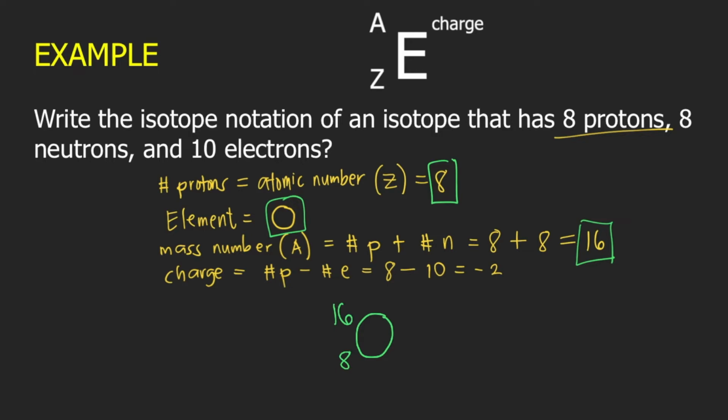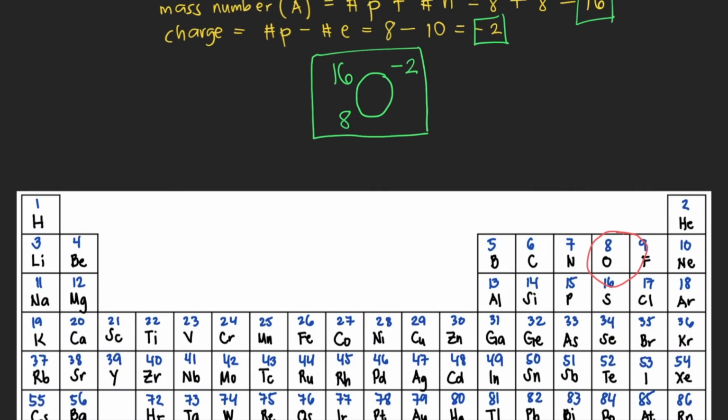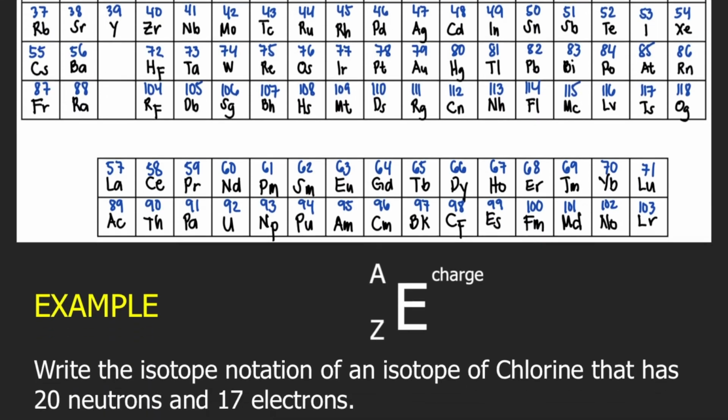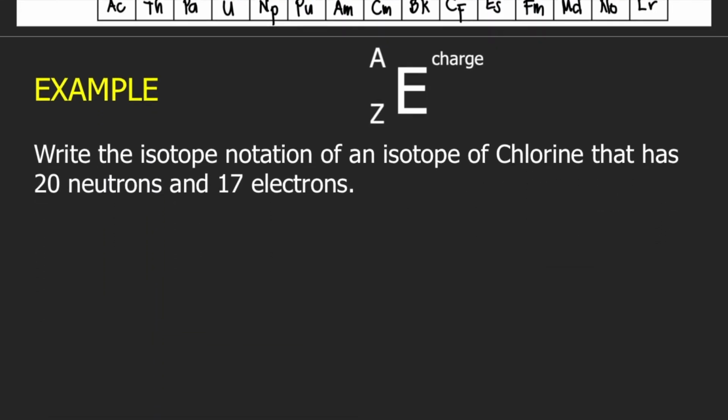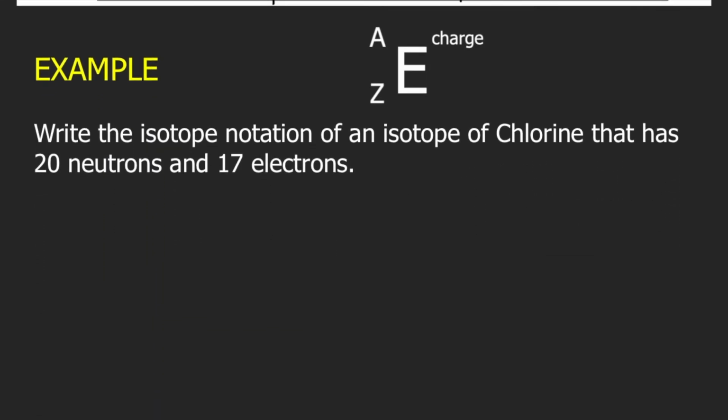And our charge is negative 2, so you put here negative 2. So this is the AZE notation of the isotope. I hope you understood that example. Now let's move on to another example so that you can master writing isotope notations. Let's move on to example 2.